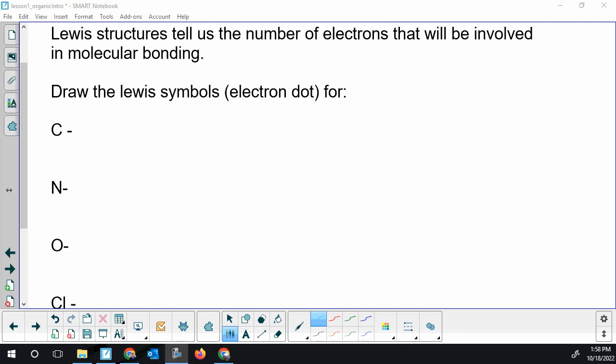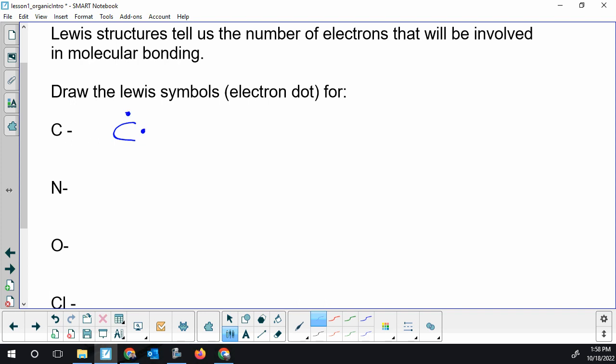So the most important element is obviously carbon. Carbon has the symbol C, and carbon sits 1, 2, 3, 4 atoms over in the periodic table. It's group 4A. So that tells us how many dots go in the Lewis symbol.